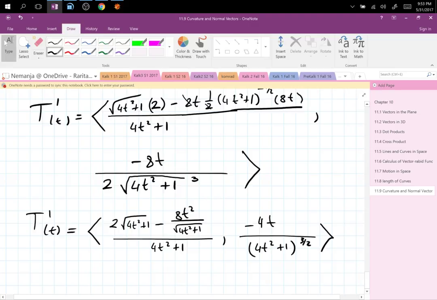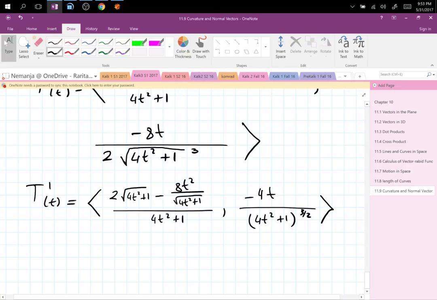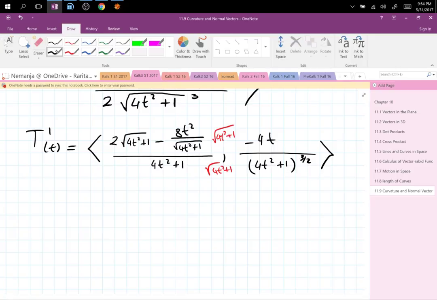Yeah, well, no, we're going to multiply now by the square root of 4t squared plus 1, and that simplifies this greatly.